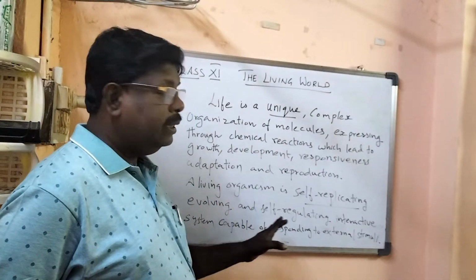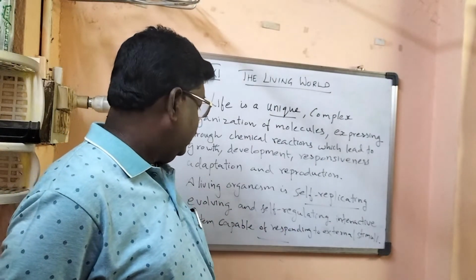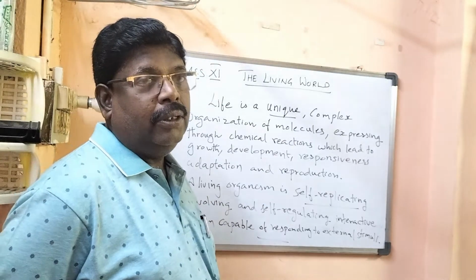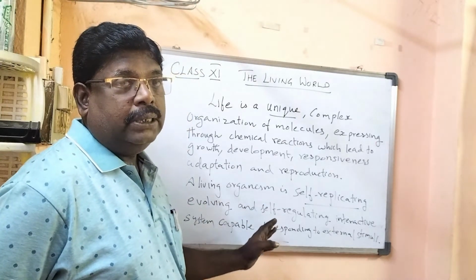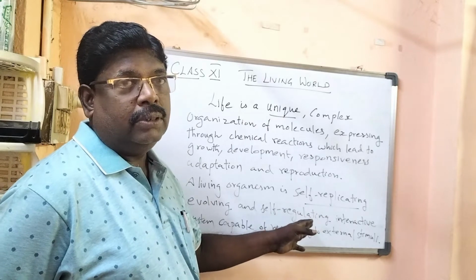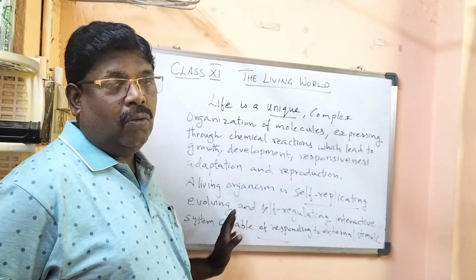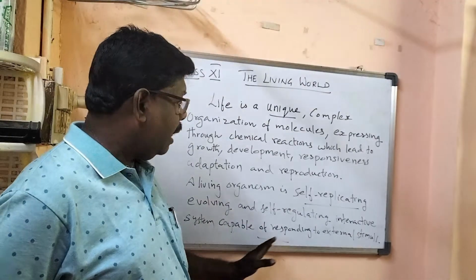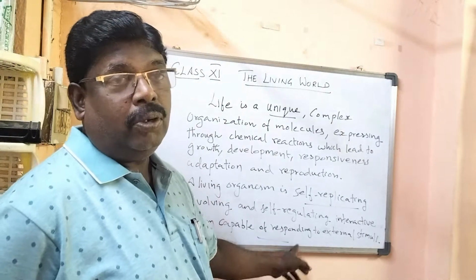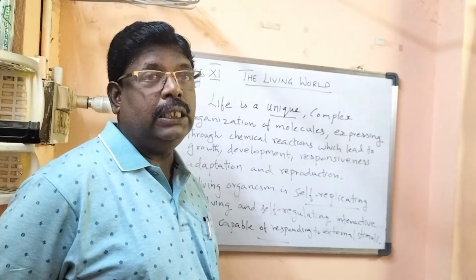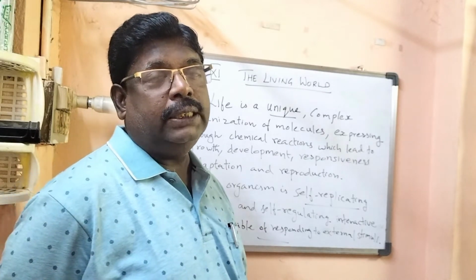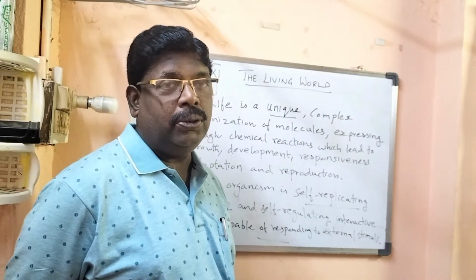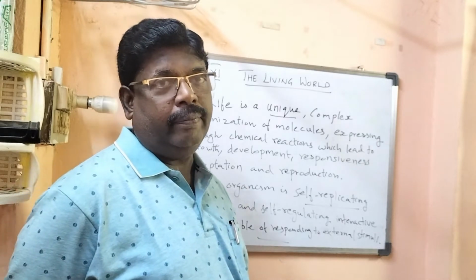So a living organism is a self-regulating, self-replicating, evolving, interactive system capable of, more important, responding to external stimuli. If it is living, it has to respond to external stimuli.